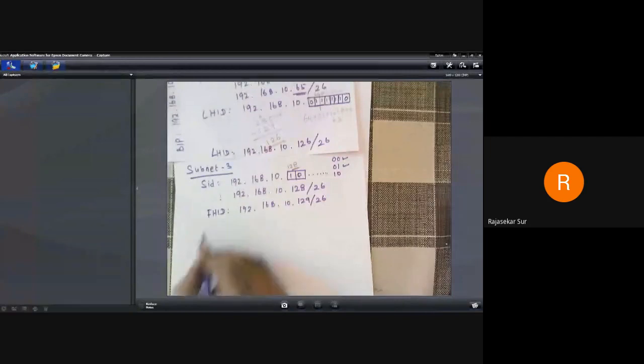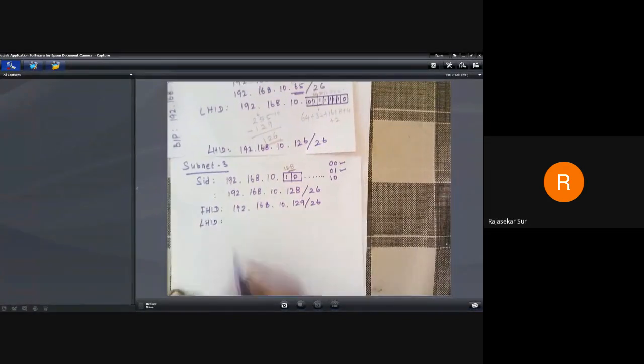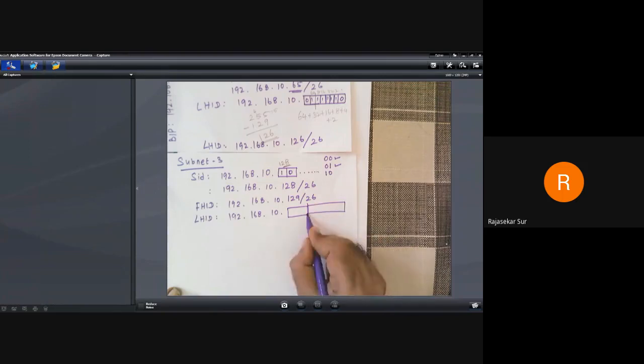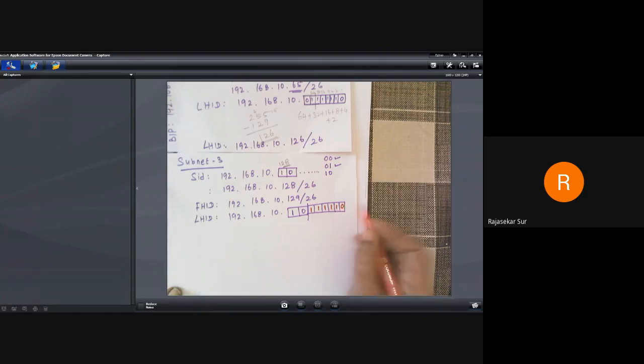Then I'm going for the last host ID. What does the last host ID mean? 192.168.10. So we have 2 bits in the subnet and 6 bits here, with 1, 0 in the subnet. For the last host, we make everything 1 except the last bit, which is 0.